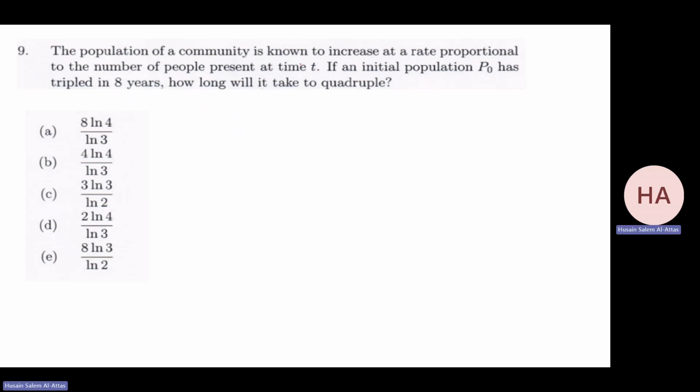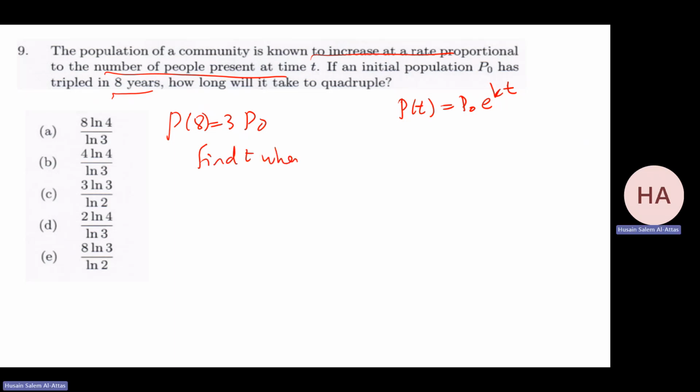It is known to increase at a rate proportional, P of t equal P0 e^(kt). Says in 8 years, I know P at 8 is 3P0. Find t when P of t equal 4P0.